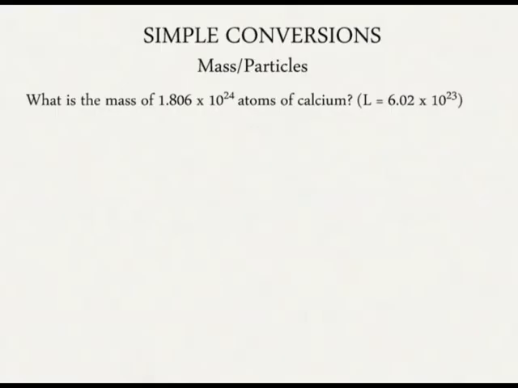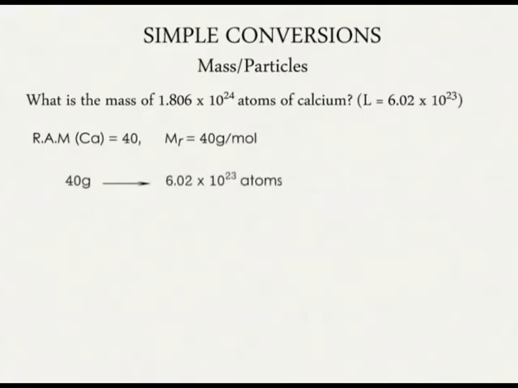Another example. What is the mass of 1.806 times 10 to the power 24 atoms of calcium? Now we know the relative atomic mass of calcium is 40. Therefore, the molar mass of calcium is 40 grams per mole. So 40 grams of calcium contains 6.02 times 10 to power 23 atoms of calcium.